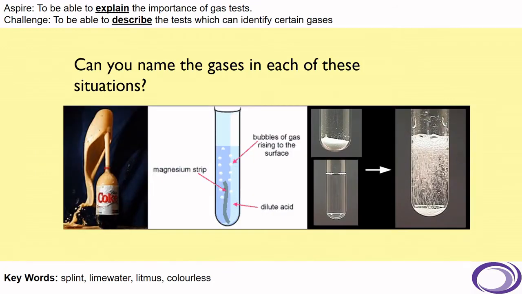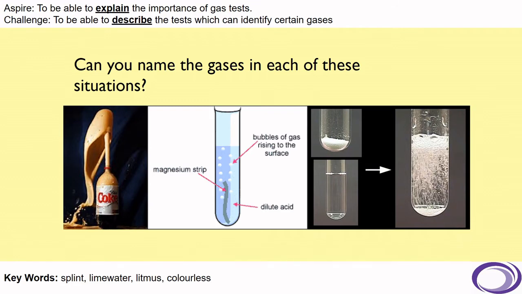So, first task. I would like you to look at the images on the screen. Can you, by looking at these images, identify the gases in each of those situations? There's a good chance you are looking at the video now going, how are we supposed to do that? Well, you're not. That's kind of the whole point of that question.